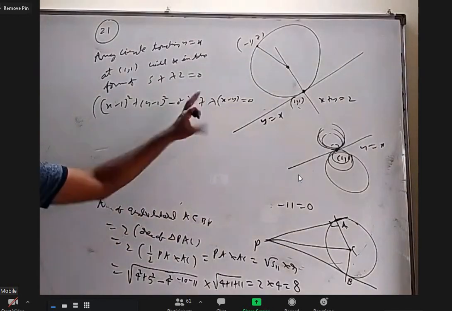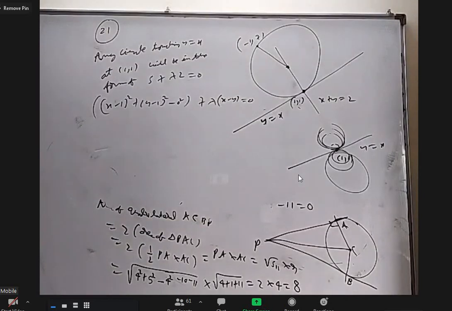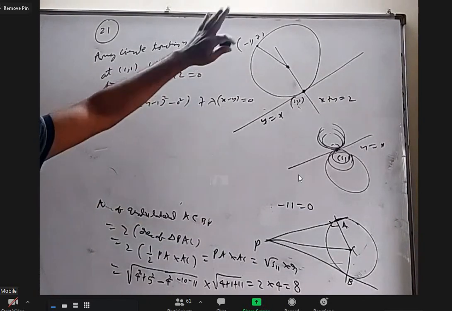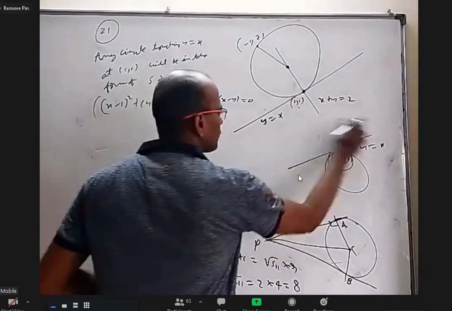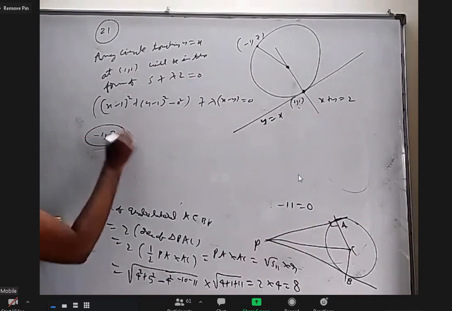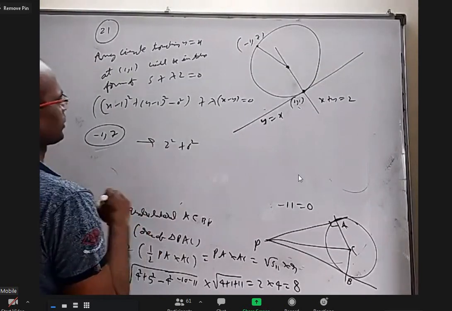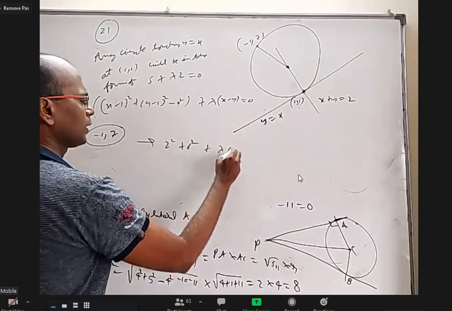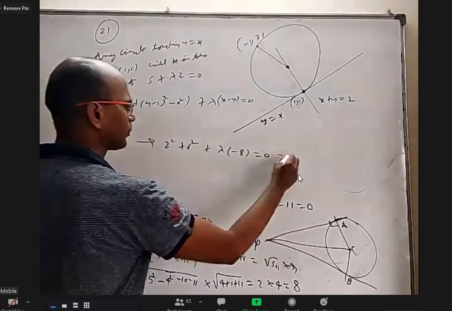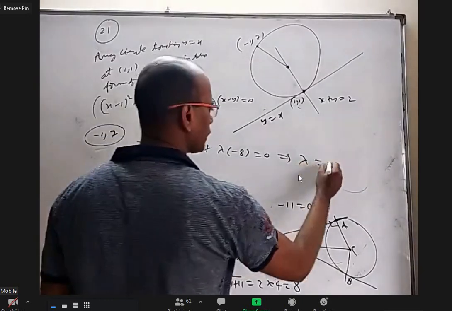Now, whatever lambda you take, it is always a circle touching this line at this point, no doubt about it. But it should also pass through -1, 7. Substitute that and we get lambda. When I put -1, 7 in this, this will be 2 square, this will be 6 square, this will be lambda into -8 equal to 0. From this, 36 plus 4, 40, lambda is 5.